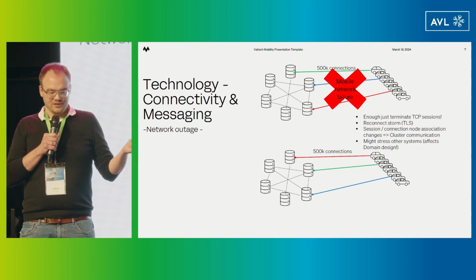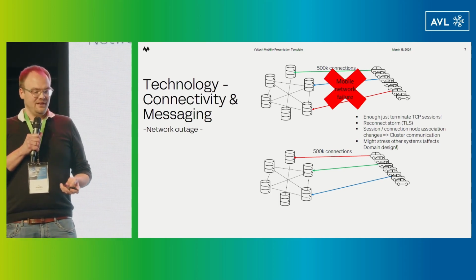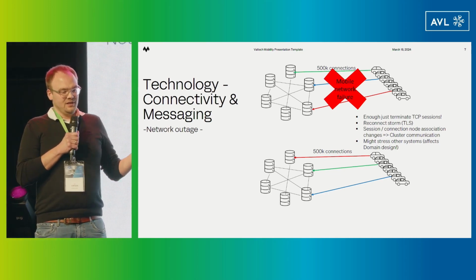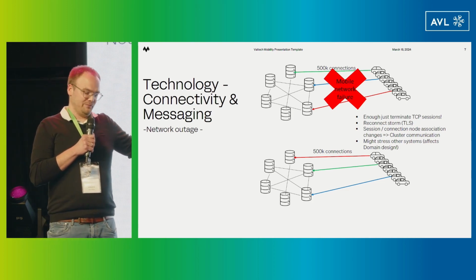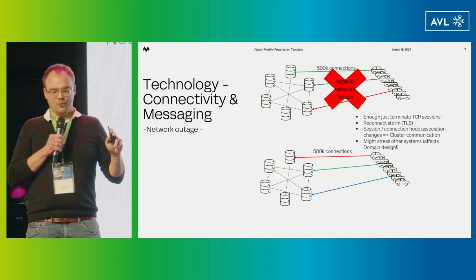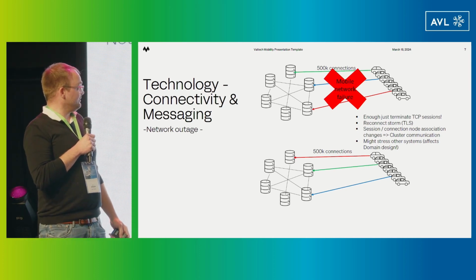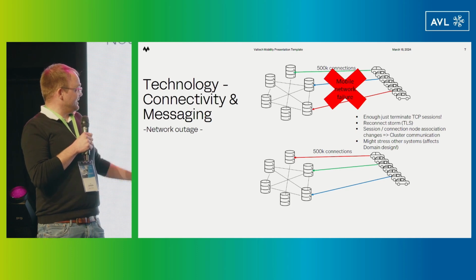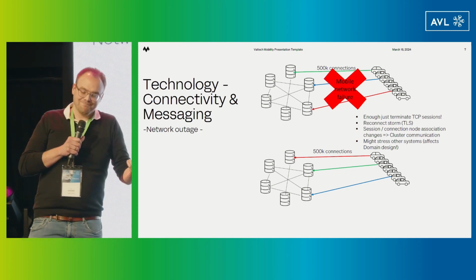Because if you want to do some commands or the user expects that it works nearly all the time, then such a mobile outage will be an outage for sure, but you have to make sure that you lower the time to recover. And if such a reconnect storm kills your whole cluster, then you have a problem.